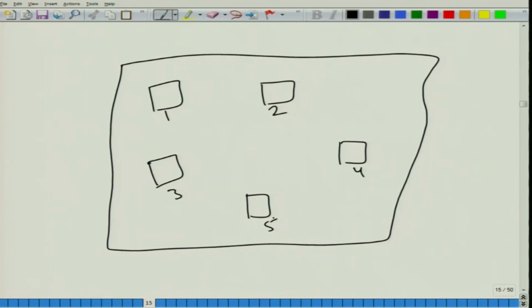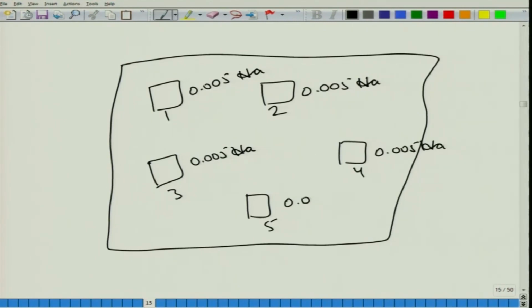Each sample plot has an area of 0.005 hectares, so each sample plot has the same area. The first sample plot has only 4 trees, the second sample plot has 5 trees and the other 3 sample plots have 4 trees each.